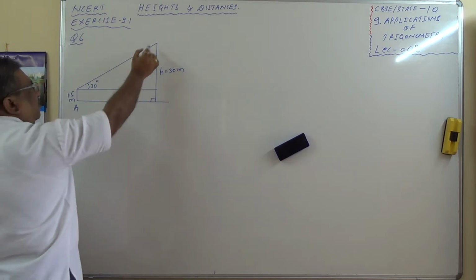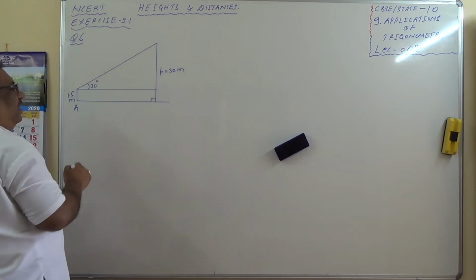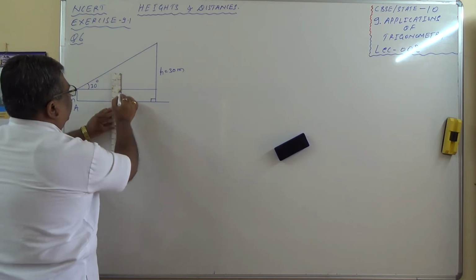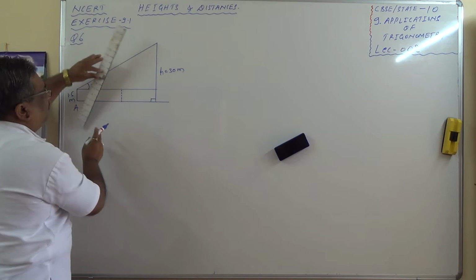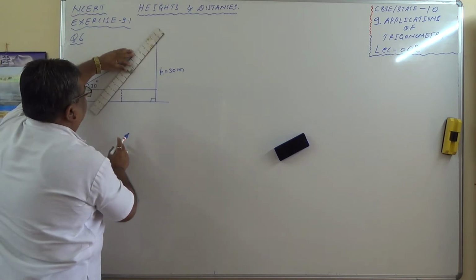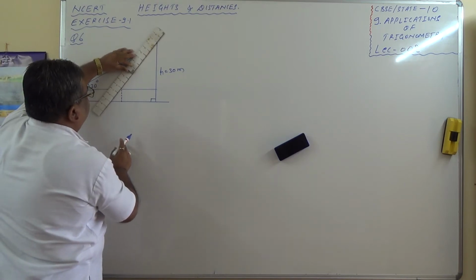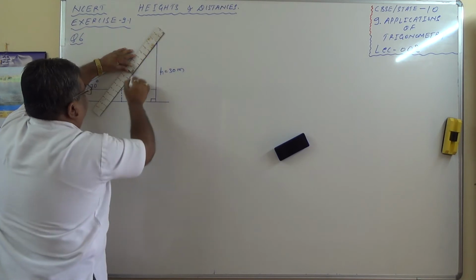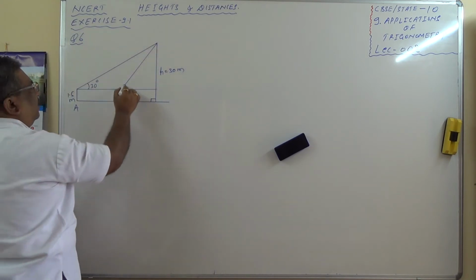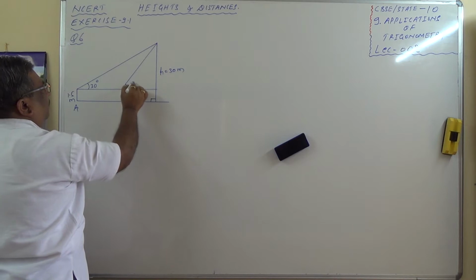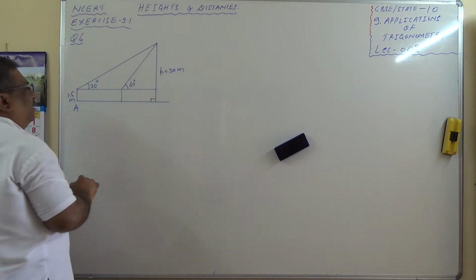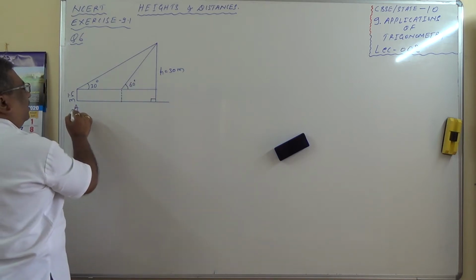When he sees the top of the building, the angle of elevation will be 60 degrees. So this is his new position. So from here, the angle of elevation is 60 degrees. In this case, we need to find out the distance walked by the boy.